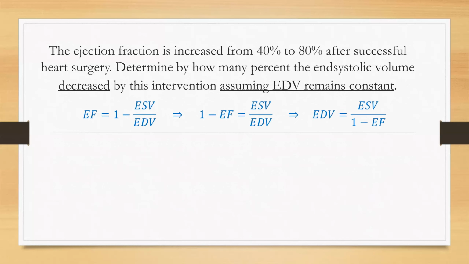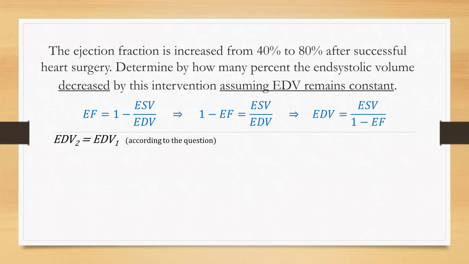So here we have this formula which says ejection fraction is 1 minus the ratio of systolic and diastolic volume. From that we get 1 minus EF equals systolic over diastolic volume, and then we cross multiply and get this equation which says EDV equals ESV upon 1 minus EF.